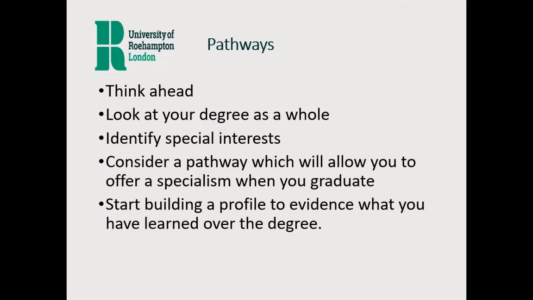So how will you develop and evidence a specialism when you graduate? So you're thinking about what you've enjoyed on the program, but also about where you want to go with your degree. And of course, your module choices act as a signifier. So yeah, I think that will become clearer as we move through the presentation.